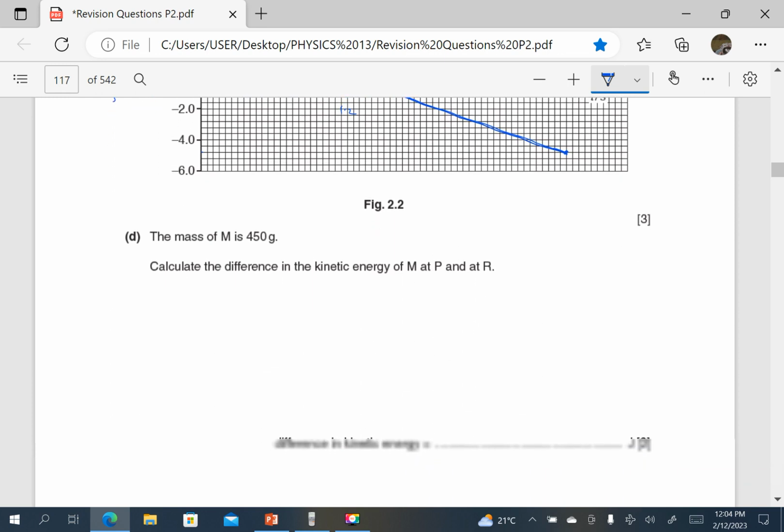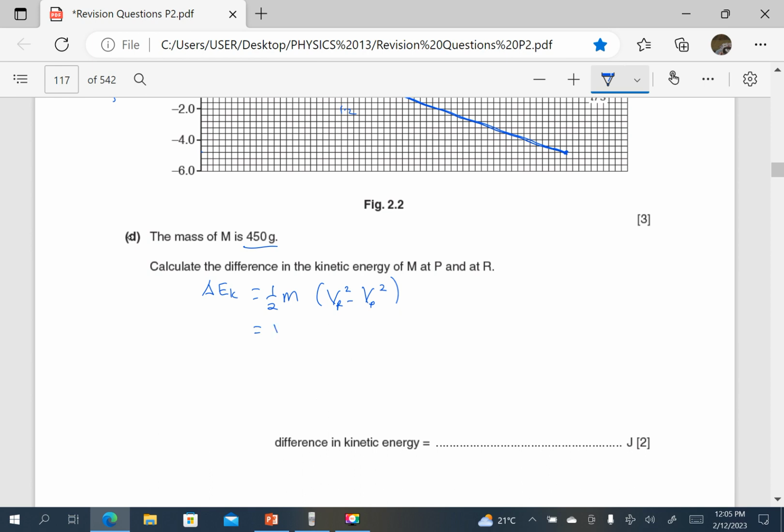Then lastly for this part, the mass of M is 450 grams. Calculate the difference in the kinetic energy of M at P and at R. The difference in kinetic energy will simply be a half m times v at R squared minus v at P squared.